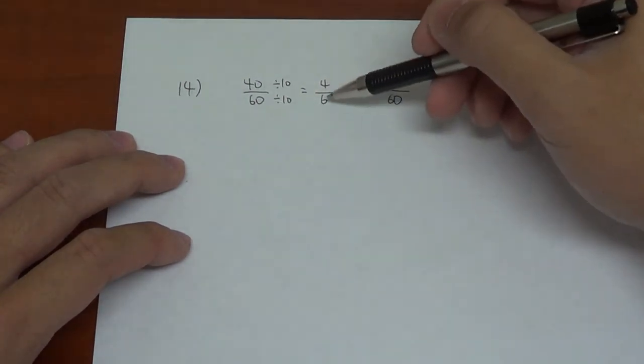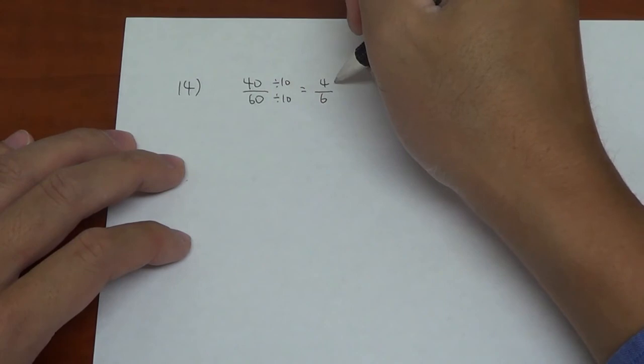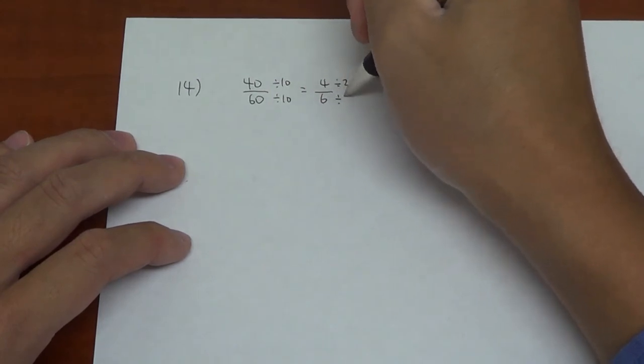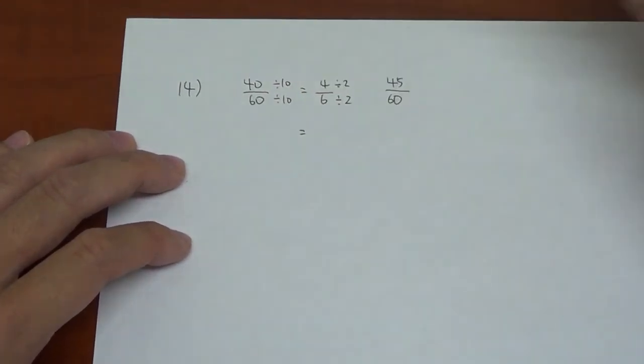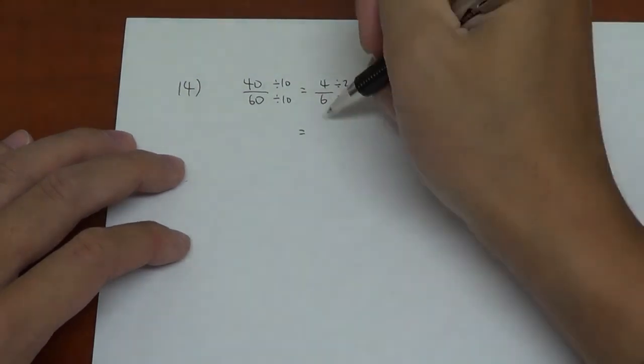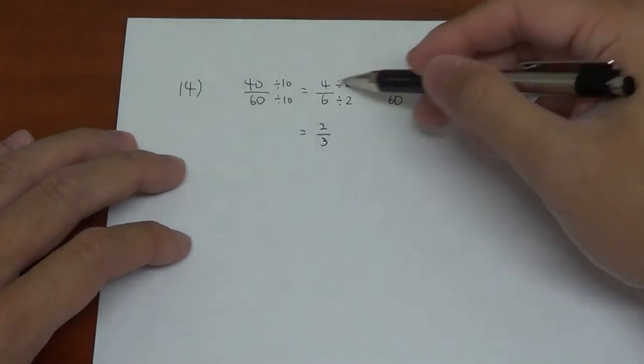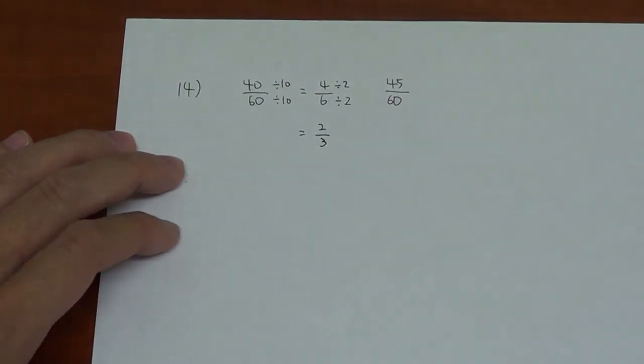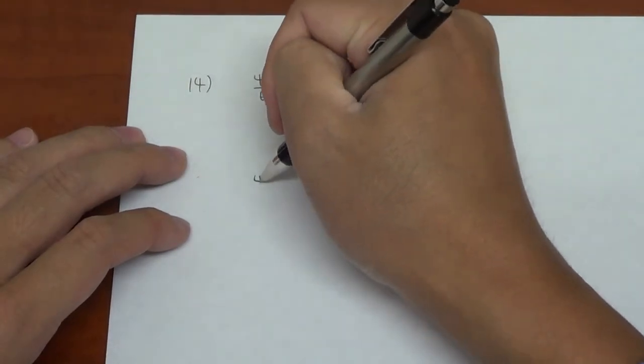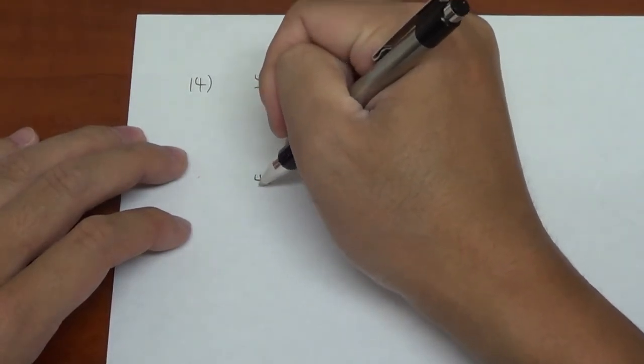Now, they're both even. That means we can still reduce by a factor of 2. Now, I'm going to write it down here since I'm running out of room, and that will give me 2/3, okay?